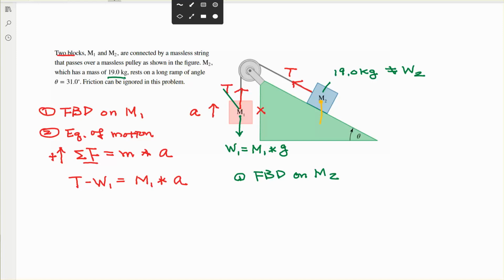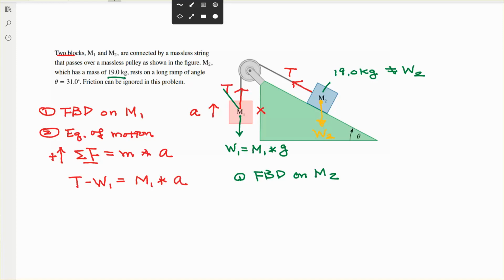We have a weight, right? As I told you, always if you have a mass, you have a weight. So this is weight 2, W2. And you have a tension force over here that we drew before. So there's a tension force.